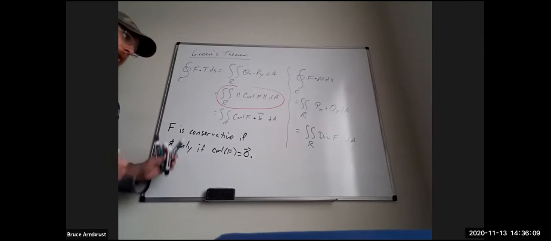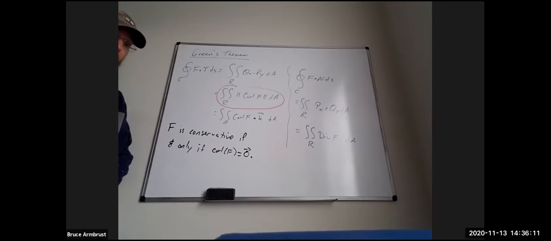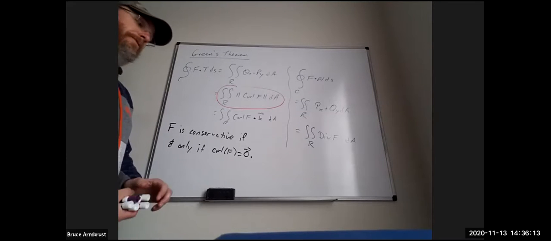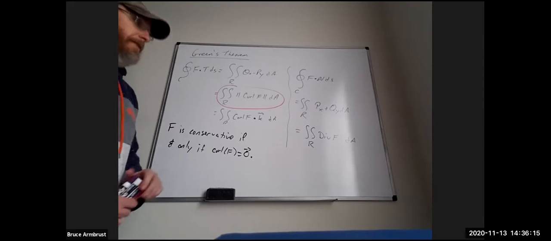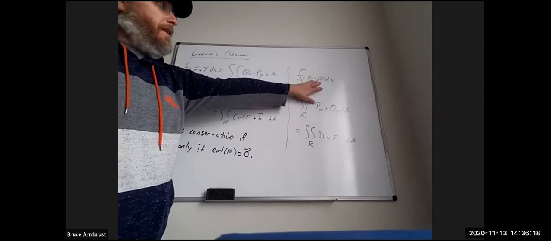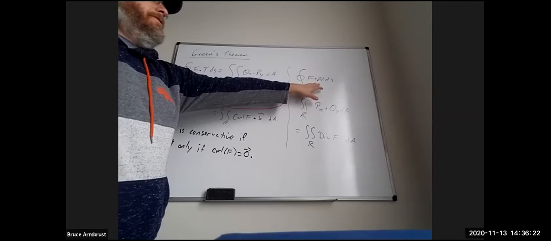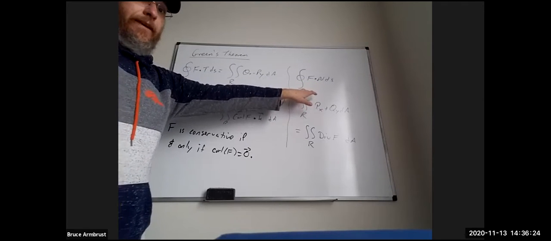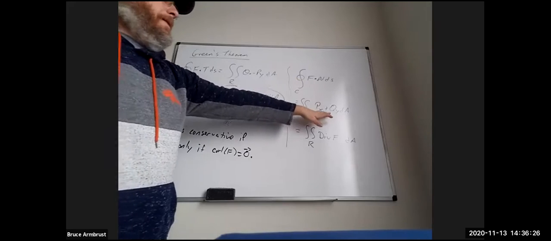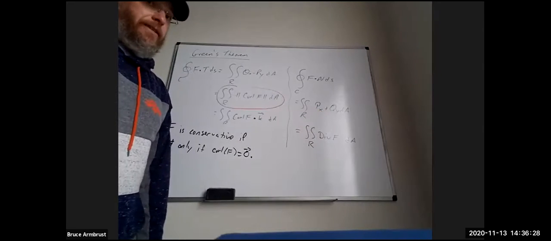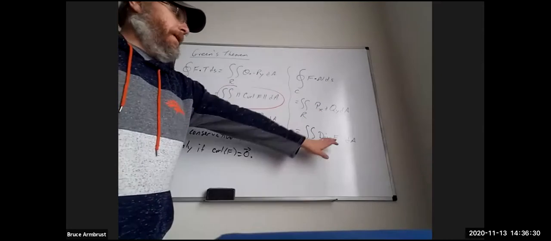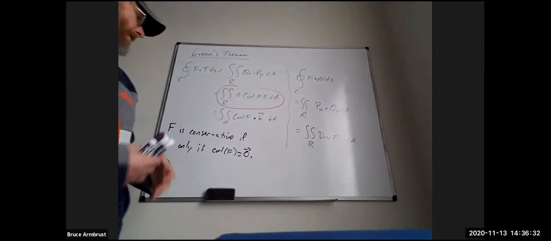Okay, well, we can actually look at something similar for the ones that were source-free, right? The source-free fields were the ones where the flux integral over a closed path always equaled 0, which meant the P_x plus Q_y always equaled 0, which meant the divergence equals 0.